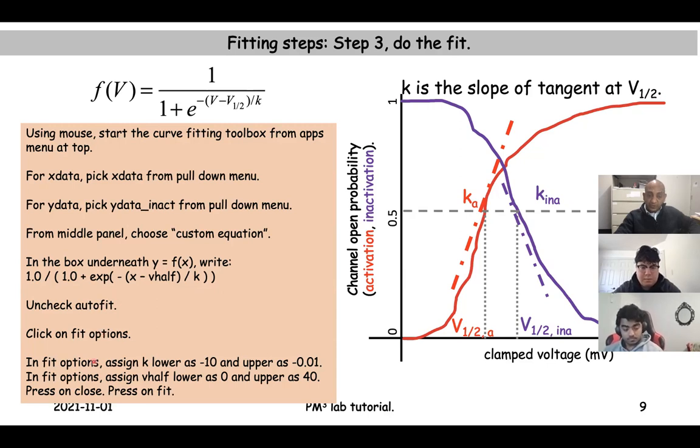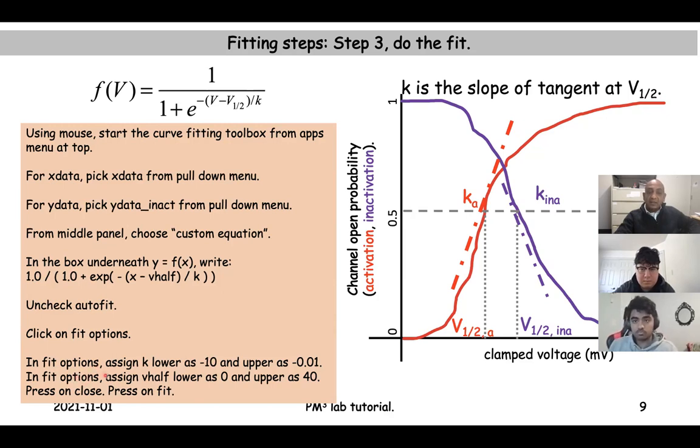In fit options, when you are fitting activation data, you can take lower values of k as -10 and upper values of k as -0.01. You can take lower values of k as -100. As discussed in slides before, as long as k is taken to be negative, that should be fine. All these instructions may or may not be marginally customized for inactivation fitting.